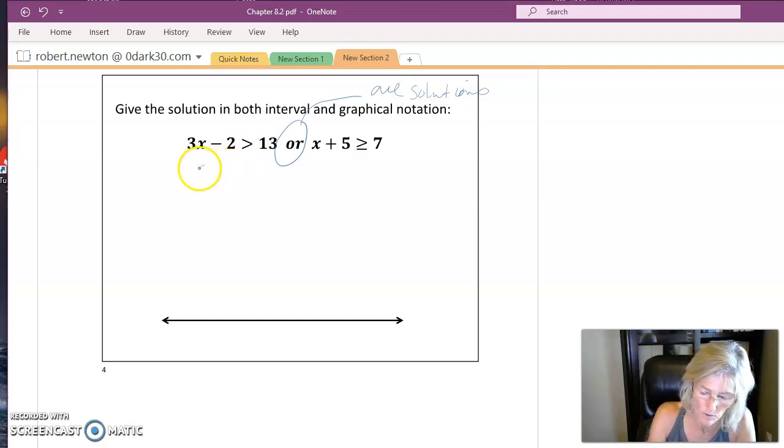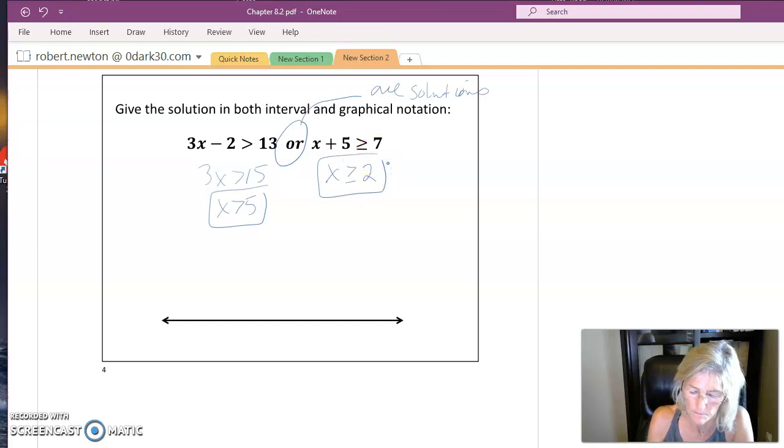So I'm going to add 2 to both sides. Divide each side by 3. The next one I'm going to subtract 5 from both sides. So I'm going to graph both of those. I need a 2 and a 5 on the graph. The first one, all the values are bigger than 5.